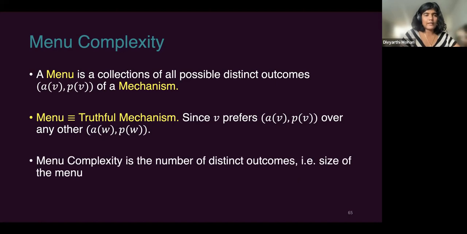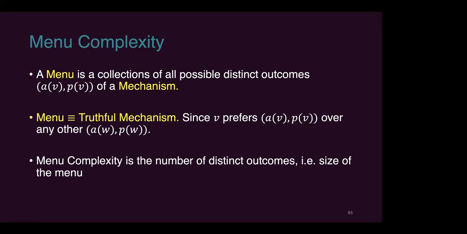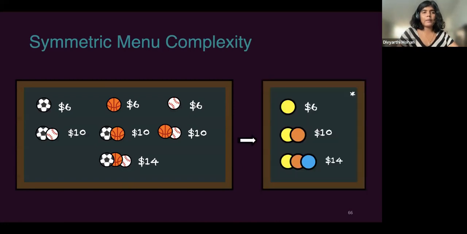And the menu complexity of a mechanism is just the number of distinct outcomes of the mechanism, so the size of this equivalent menu that I'm showing the buyers. And we define a new notion of symmetric menu, where we give a more compact menu while implicitly agreeing to something.